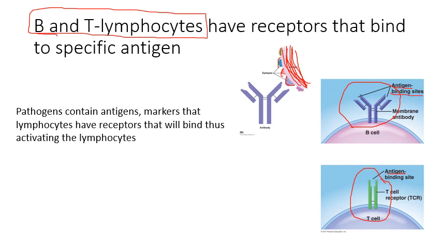Okay, and so again, this is specific for a certain pathogen. This receptor here will only bind to the antigen of, if this was a B cell that was for coronavirus, this antigen binding site will be specific for an antigen that is on the coronavirus. Same with this T cell.